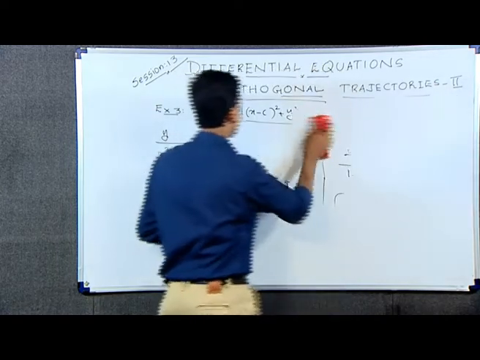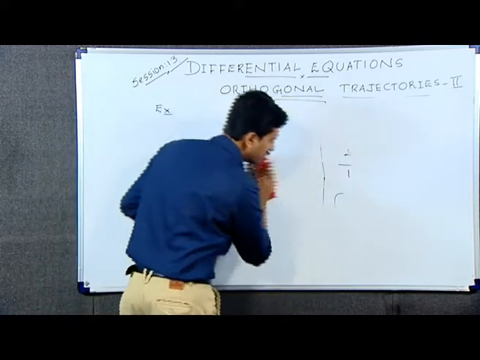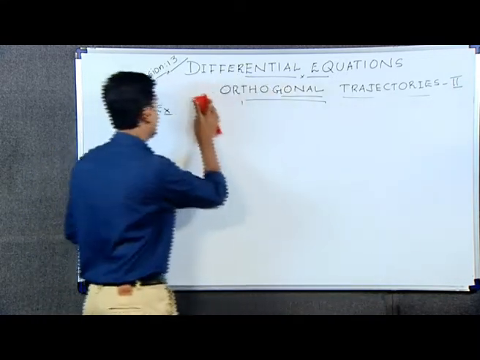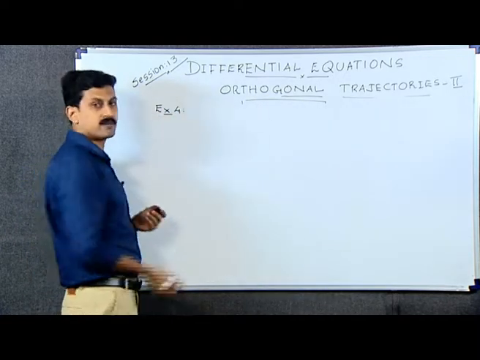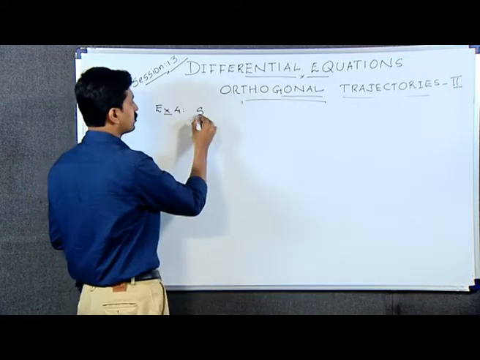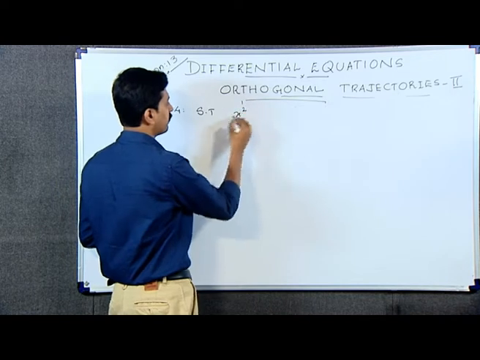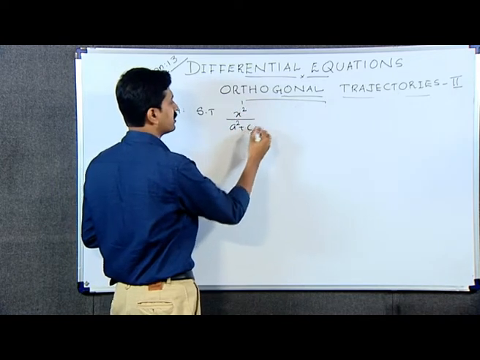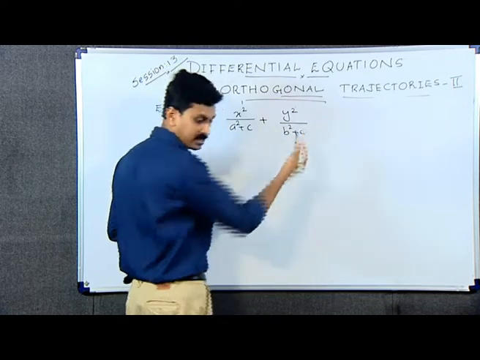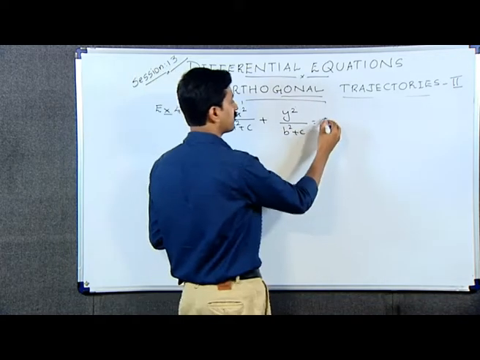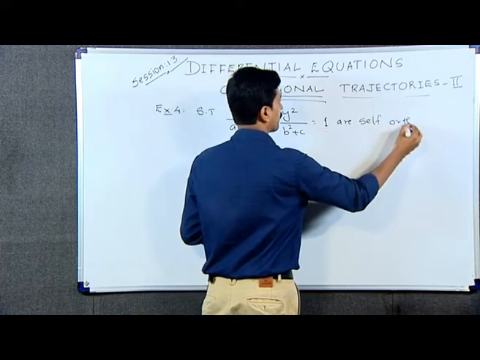Next we will move to another example, a very nice example to discuss, the orthogonal trajectory of a family of ellipses. I am moving to the next example, example 4. Show that the family of ellipses x square divided by a square plus c plus y square divided by b square plus c is equal to 1 are self orthogonal.